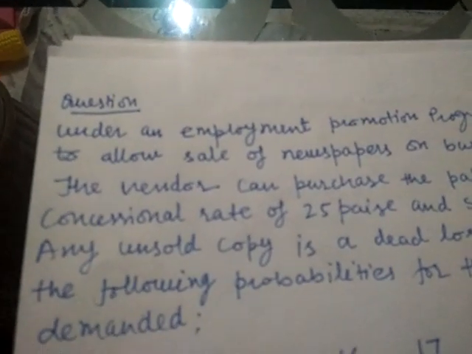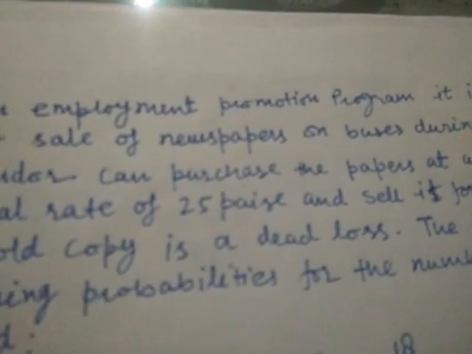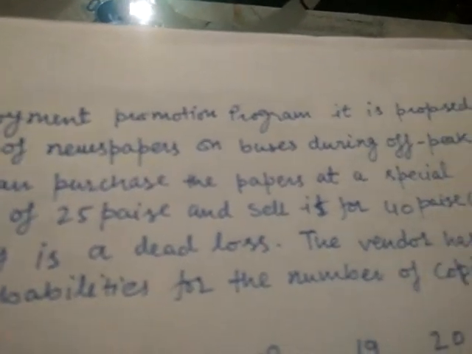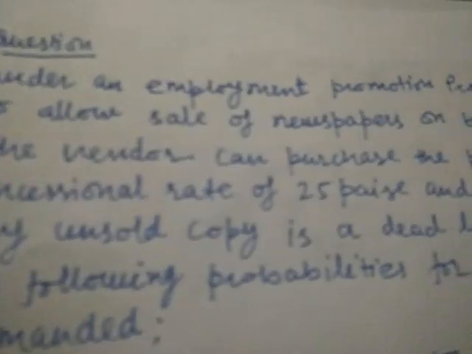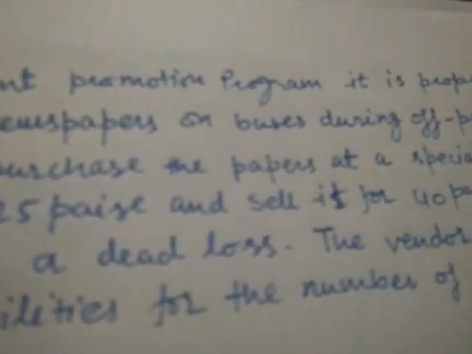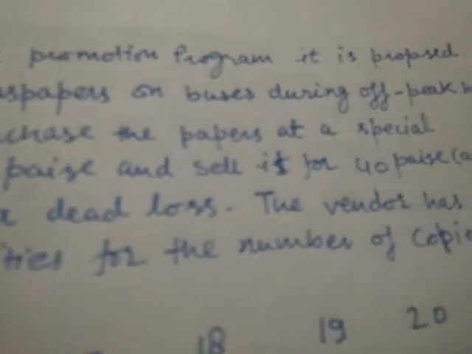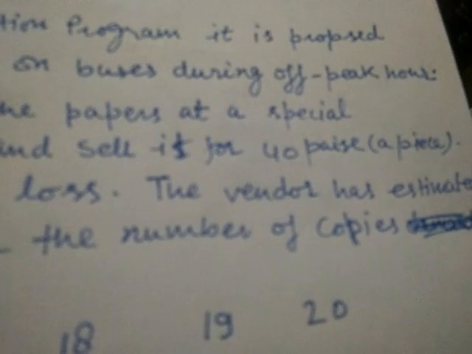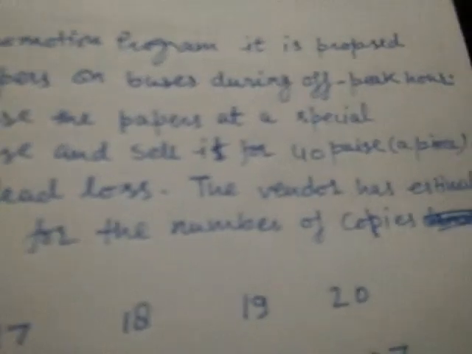Now, this time I will read it fast. Under an employment promotion program, it is proposed to allow sale of newspapers on buses during off-peak hour. The vendor can purchase the papers at a special concessional rate of 25 paise and sell it for 40 paise per piece. Any unsold copy is a dead loss.